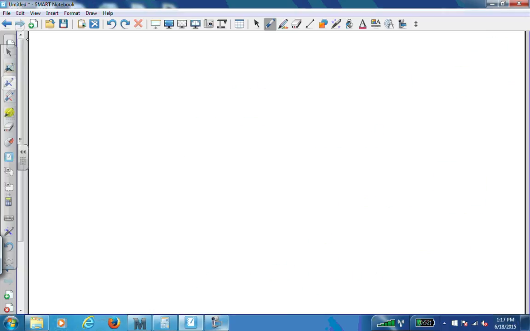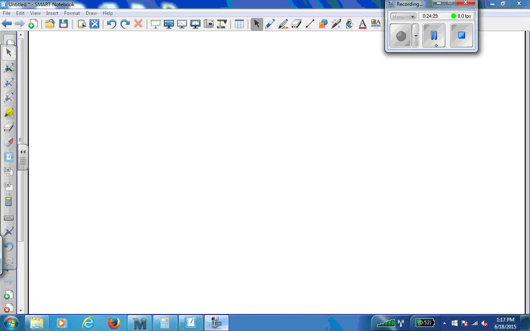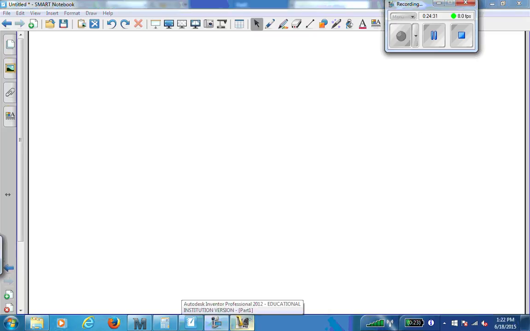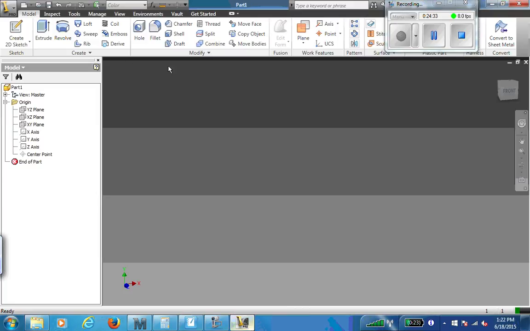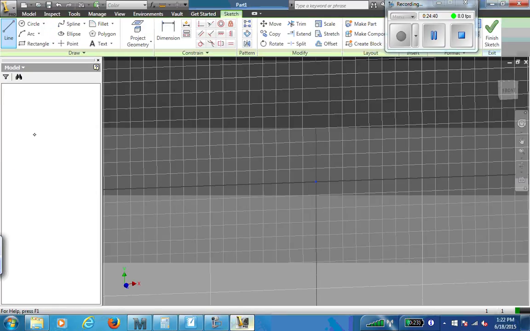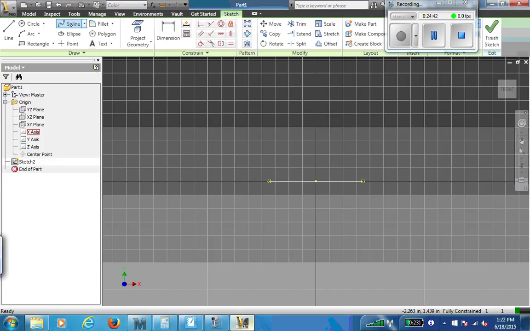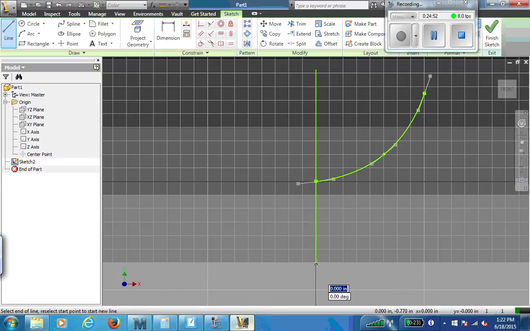So let's look at an example. All right, so let's come over into Inventor. Let's look at a quick little picture. Let's sketch a little parabolic curve, and let's draw the y-axis in here.